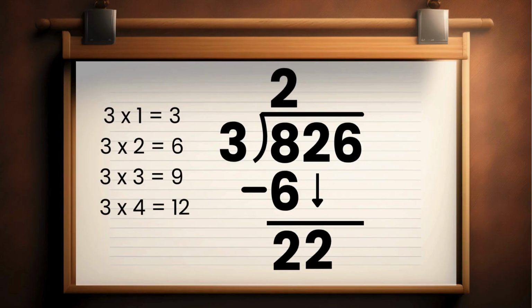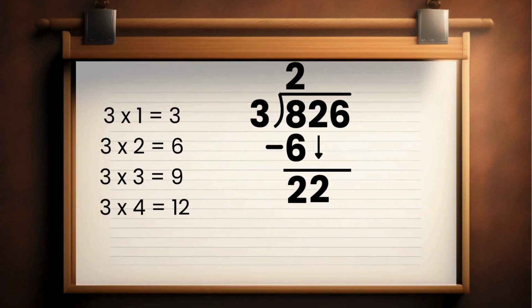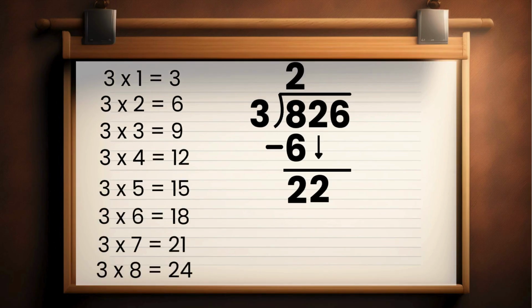Bring down the next digit from the number in the dividend. Repeat the same process again. 3 into 1 equals 3. 3 into 2 equals 6. 3 into 3 equals 9. 3 into 4 equals 12. 3 into 5 equals 15. 3 into 6 equals 18. 3 into 7 equals 21.